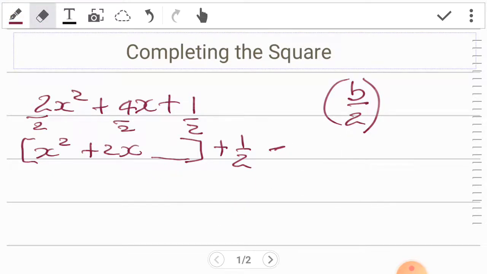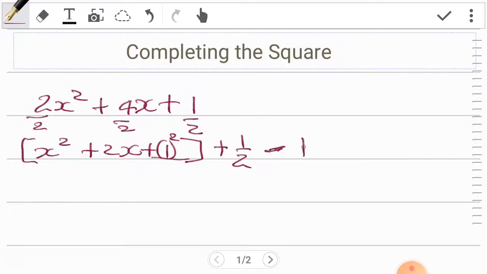So let's see what goes on. All right, so we did say half of b squared goes here. So half of b is going to become 1. So we're going to be adding 1 squared here, and then we're going to be taking back 1 squared, so that there is a balance in the math. So let's rewrite this to see what we have.